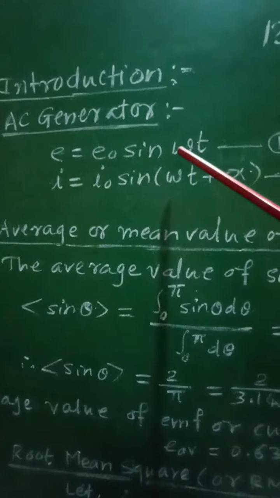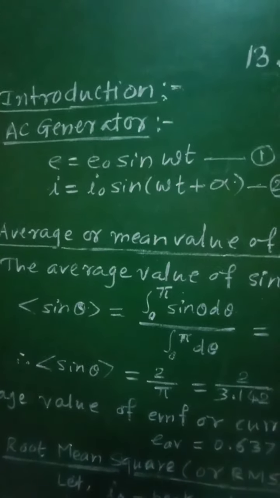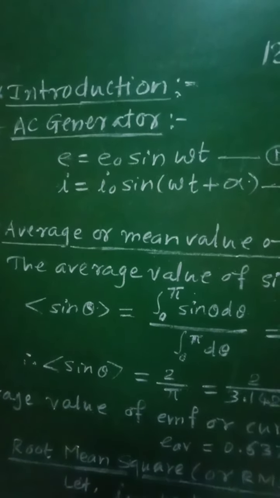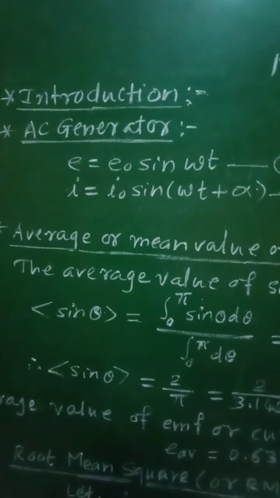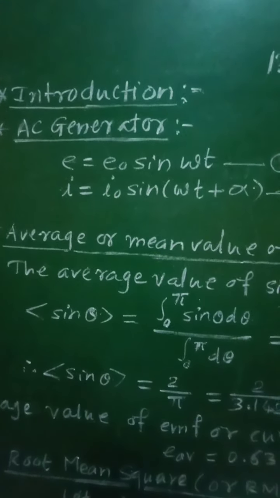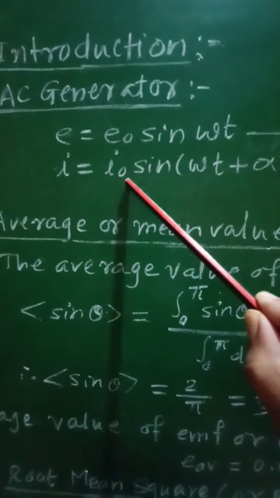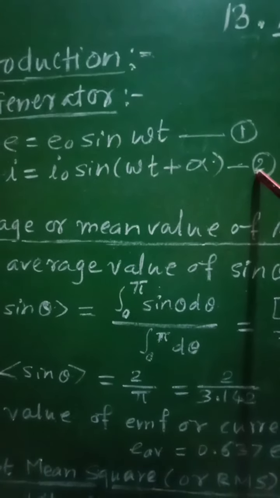represents the angular frequency. Now, as the time variation of the current is similar to that of EMF, the current in the circuit connected to AC source will be given as I equal to I0 sin (omega t plus alpha), equation number 2.